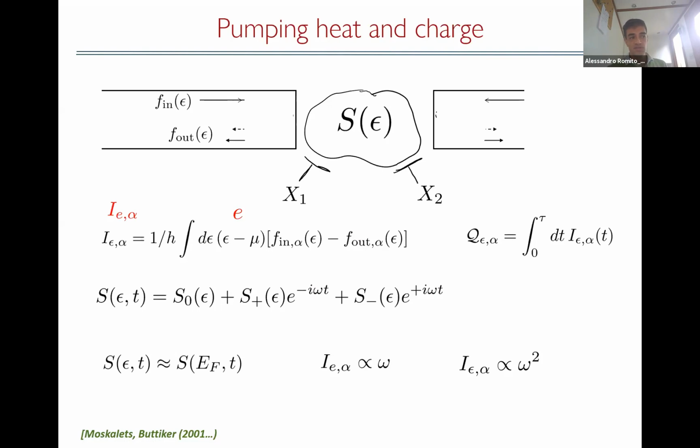And moreover, we are interested in the adiabatic limit, so this allows us to expand the scattering matrix around its adiabatic evolution. I will not go into much detail of the technicalities, but essentially all the physics for the adiabatic limit can be captured by an instantaneous scattering matrix, which consists of an elastic contribution and the first correction to that due to the adiabatic driving.